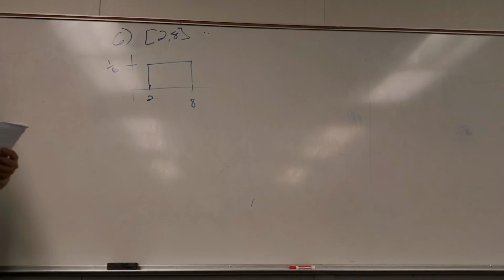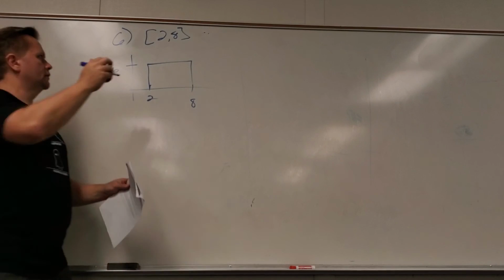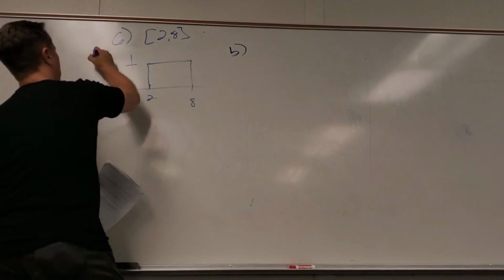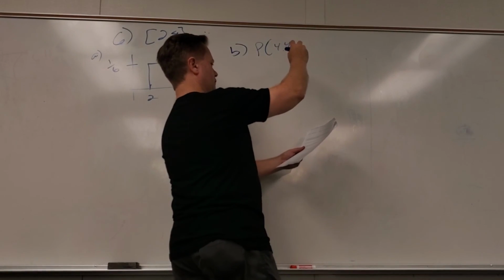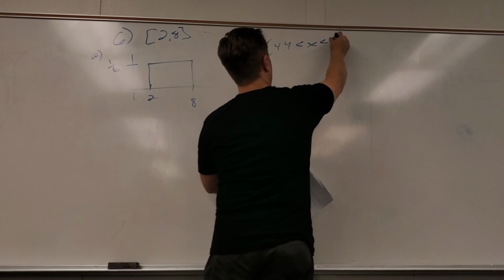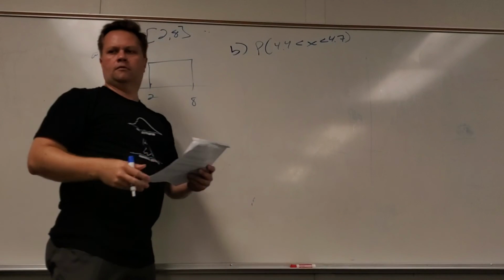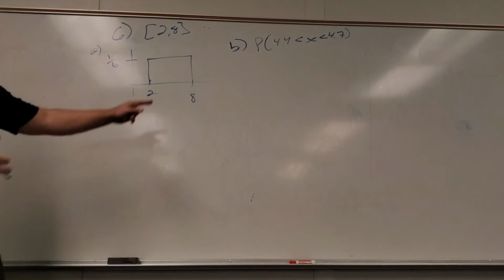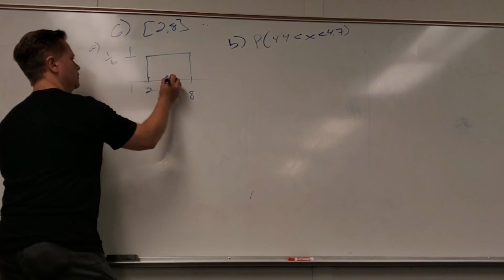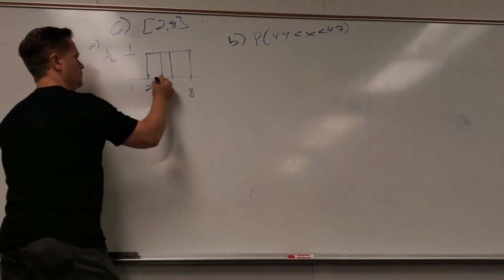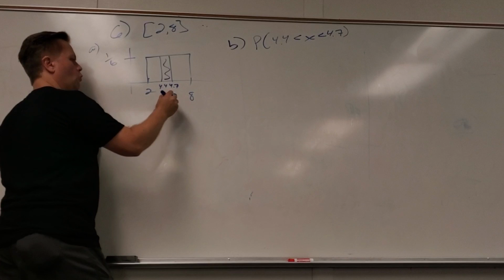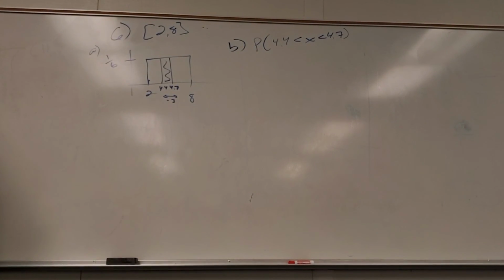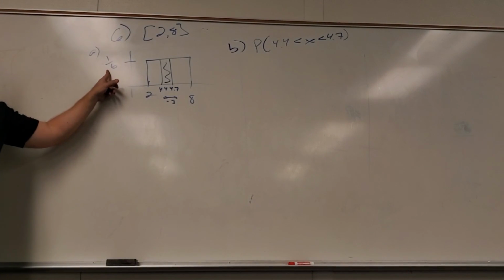So now I can answer any probability question relatively easily. The probability is from 4.4 to 4.7. If I put it on here, 4.4 to 4.7, this is 0.3 wide, so what's the area of that? 0.3 times 1/6.